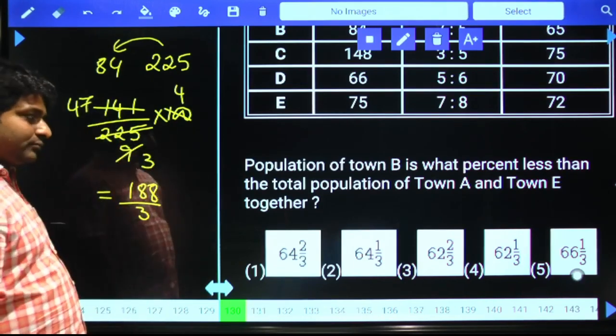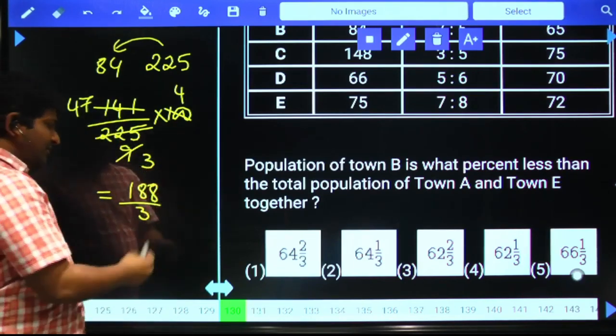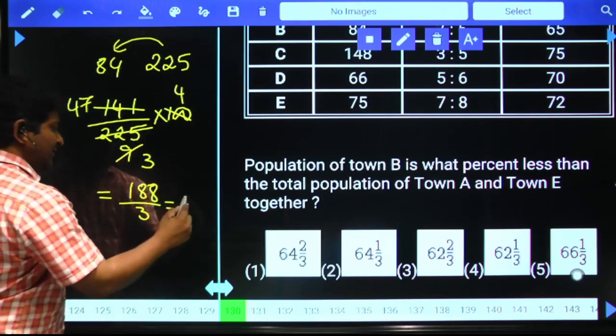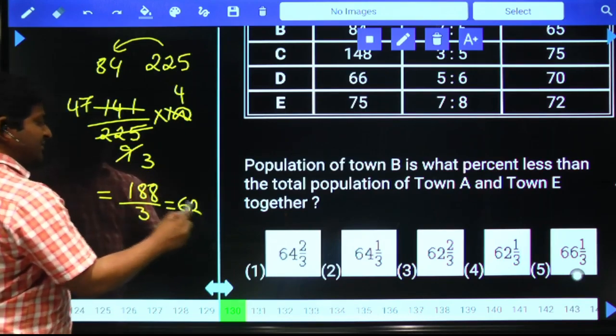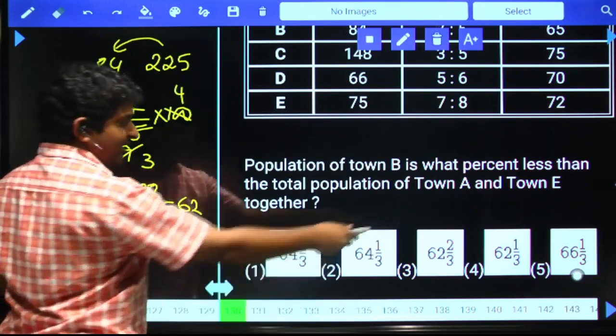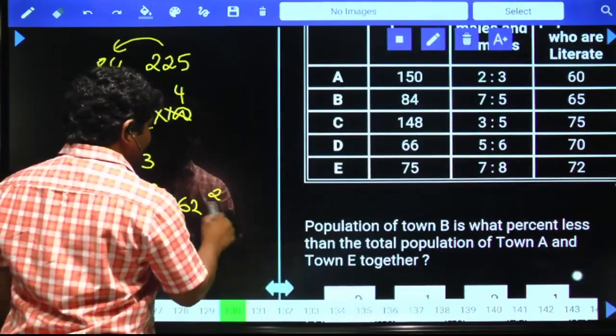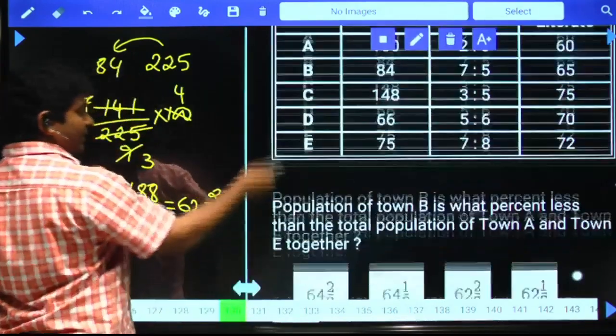Now, you can directly simplify it. 6 times, 6 3 is 18, 6 2 times, 2 by 3. 62 2 by 3, third option answer.